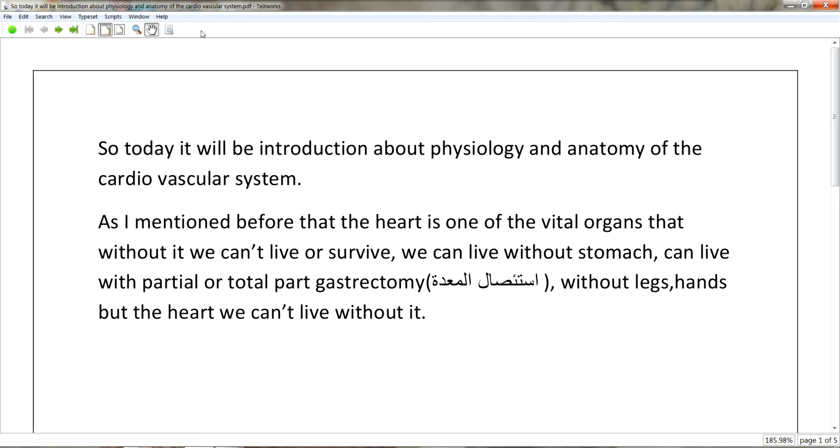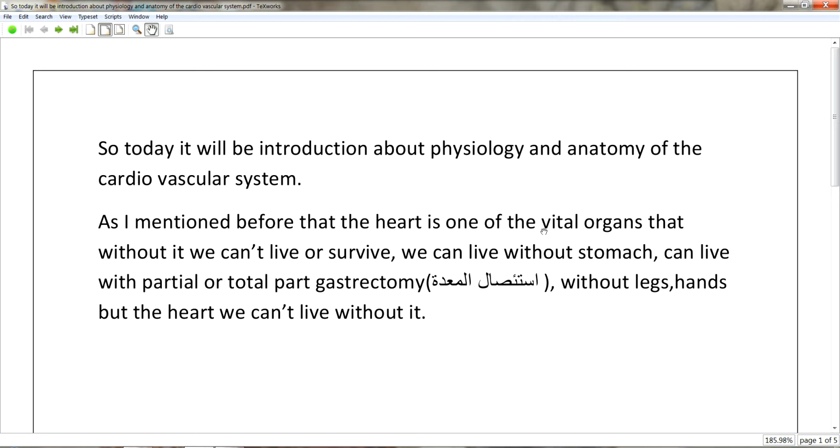So today it will be an introduction about the physiology and anatomy of the cardiovascular system. As the doctor mentioned before, the heart is one of the vital organs. What are vital organs? An organ that is important, essential for life.